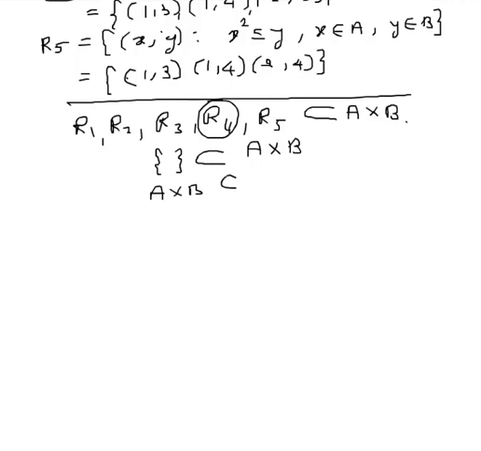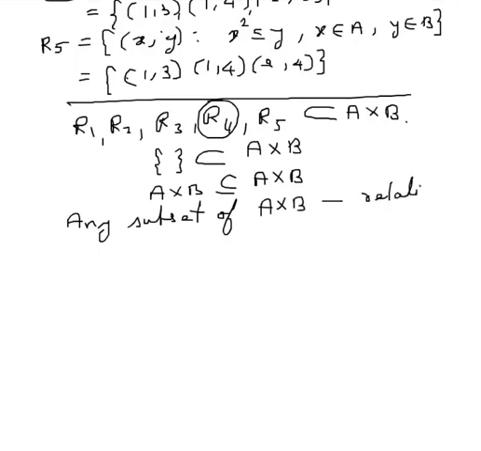A cross B is a subset of A cross B itself. So any subset of A cross B is called a relation. Any subset of the Cartesian product of two sets A and B is called a relation.